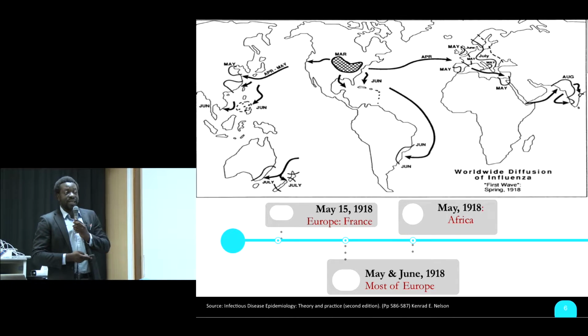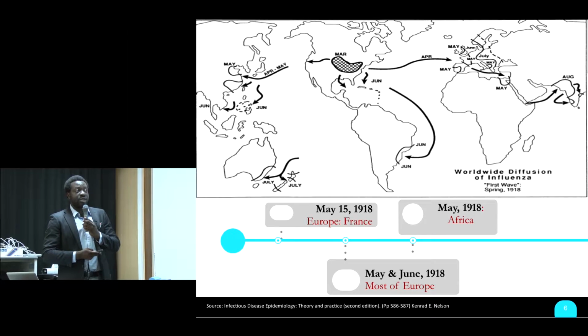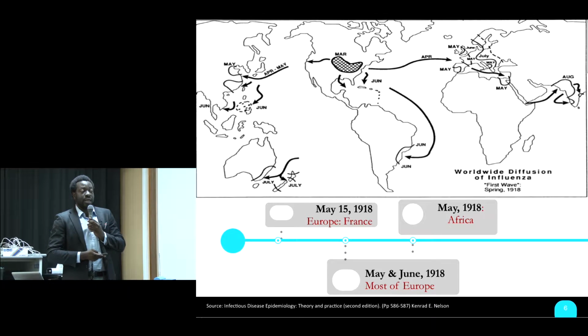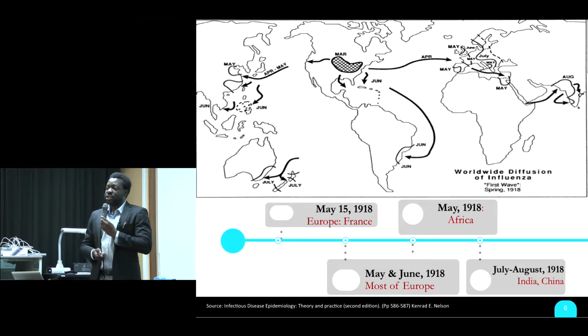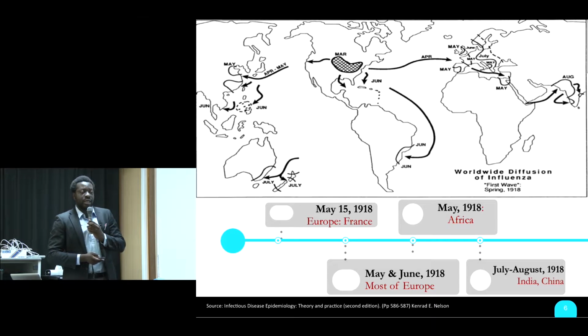Also in May 1918, some African countries were already hit by this pandemic. July, August, Asia was also hit through India and China.